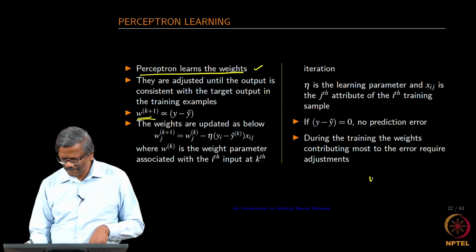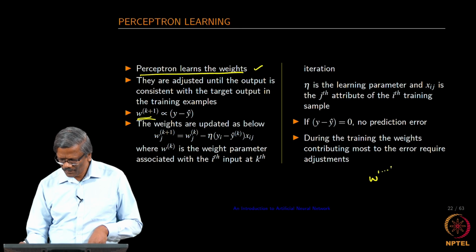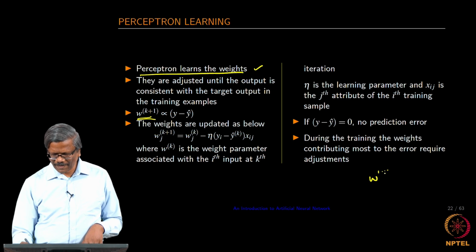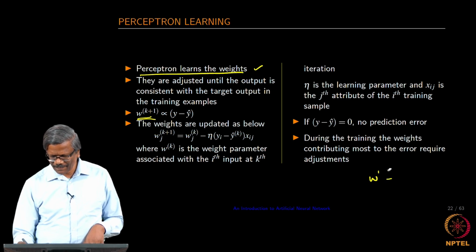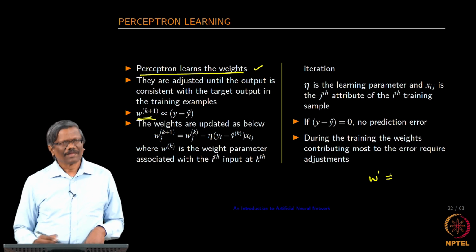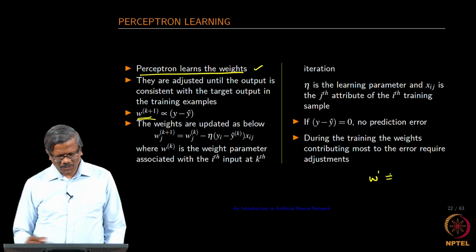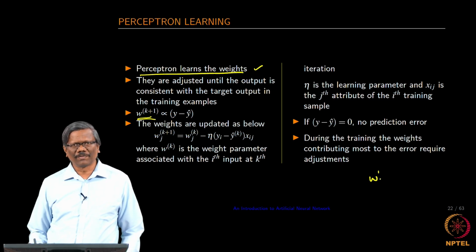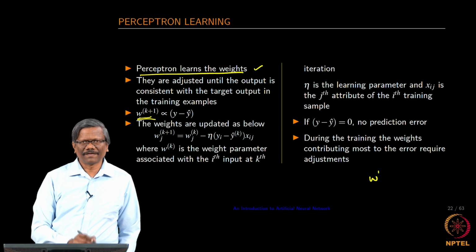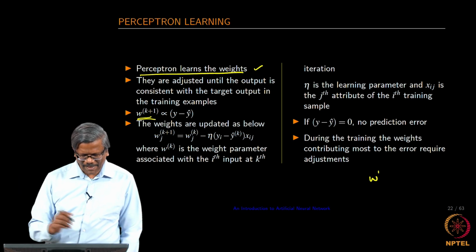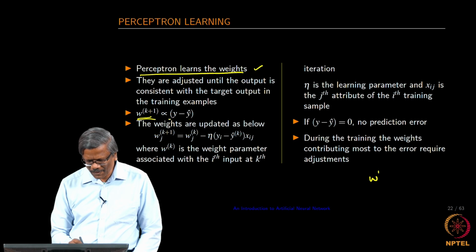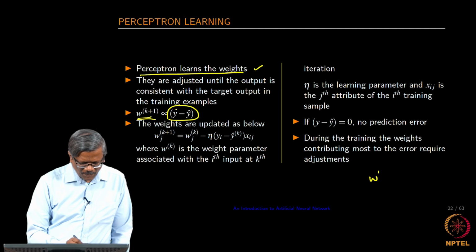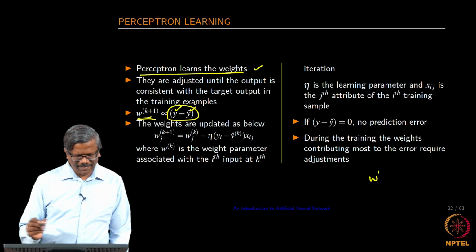So, if we have iteration going from 1 to k, we need to keep identifying the weight that you want to update, and this update is proportional to the error that is computed. This is your target and this is your estimate.